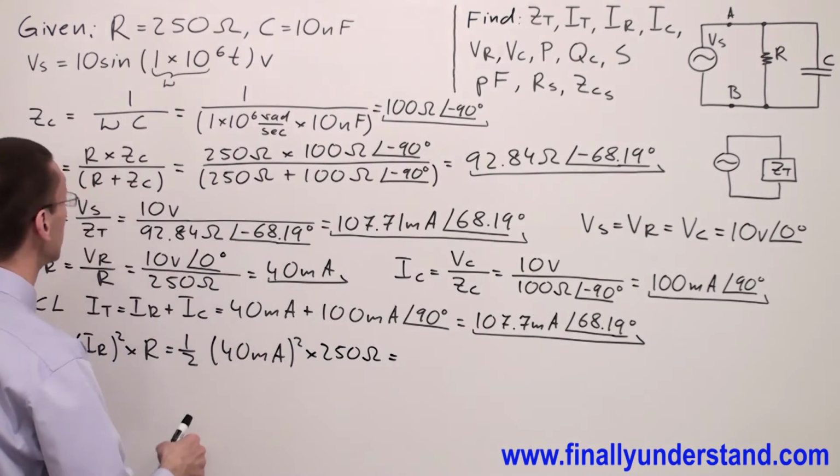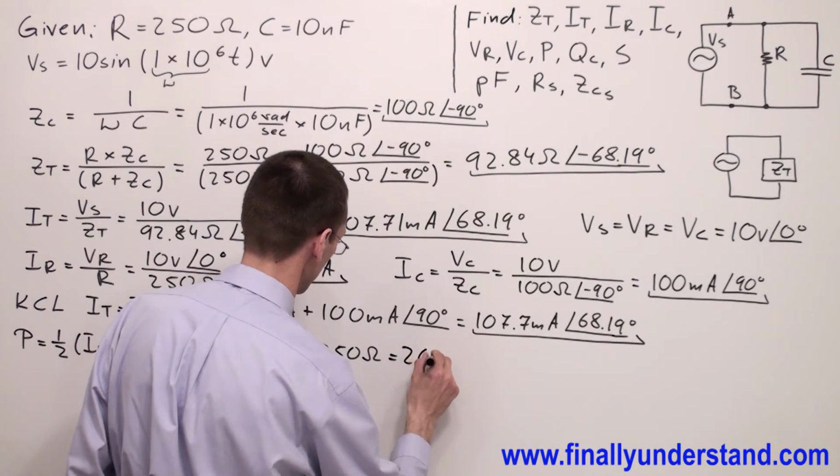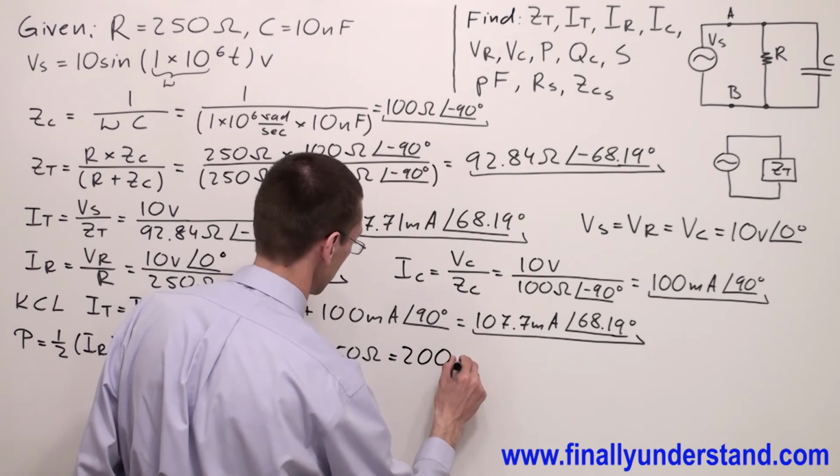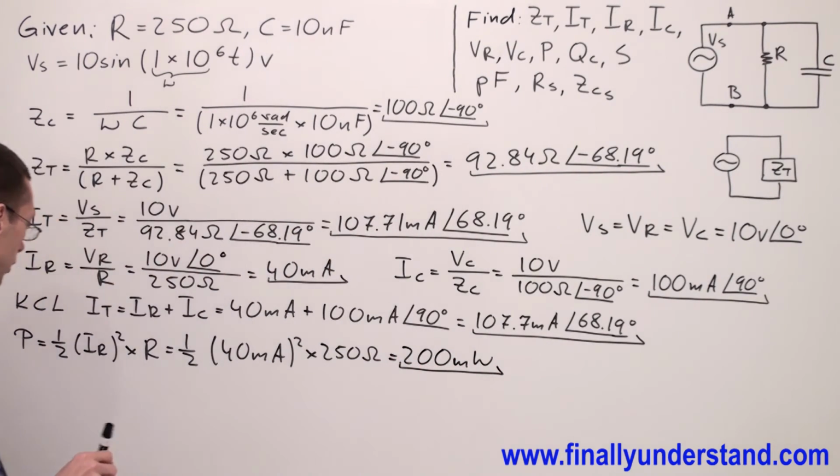Okay, use the calculator. You're supposed to obtain the value of 200 milliwatts. Okay, this is the true power in my circuit.